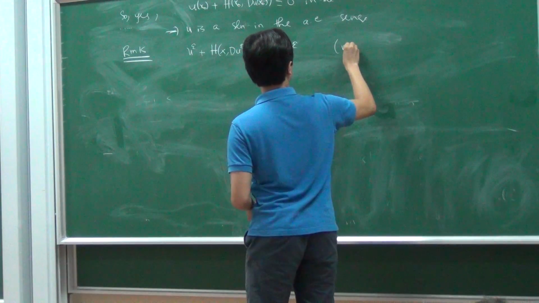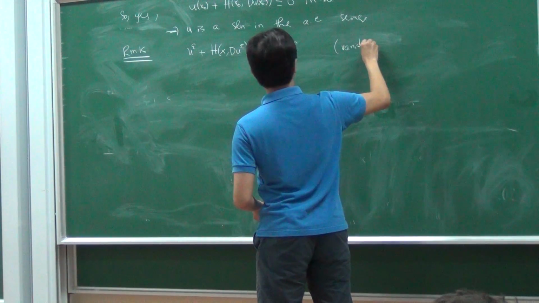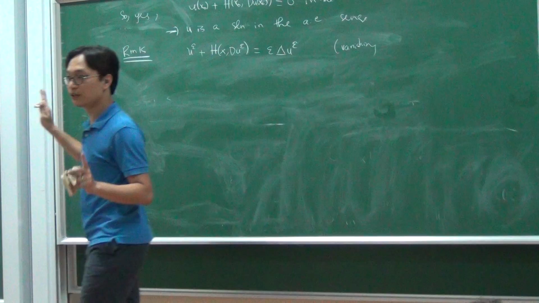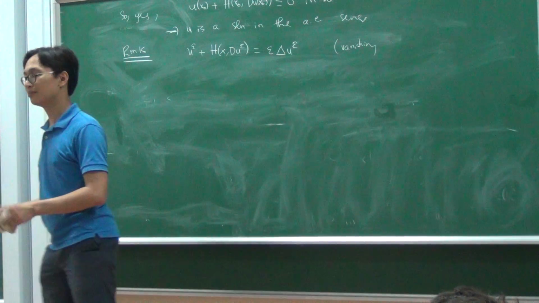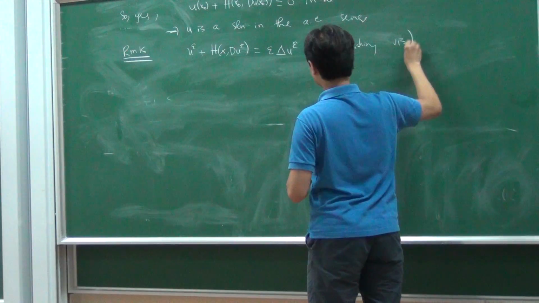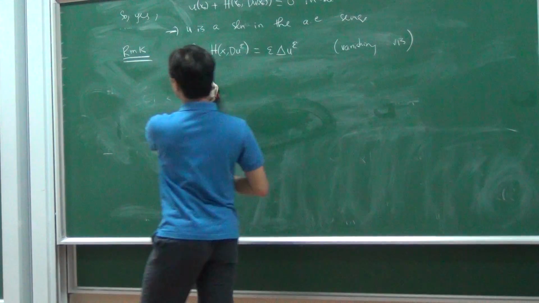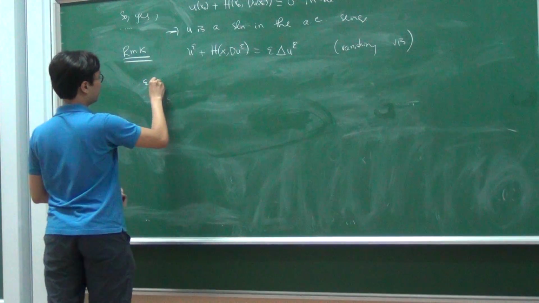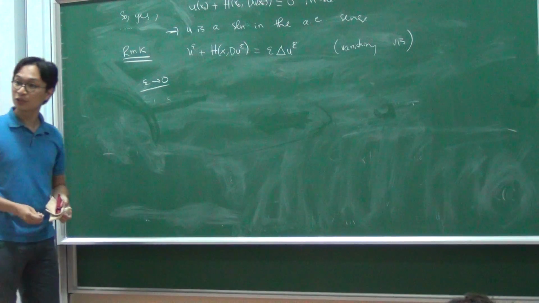This is vanishing viscosity. By the way, tomorrow I will prove that u is actually easy, but under some conditions. So the question is what happens as epsilon goes to 0.